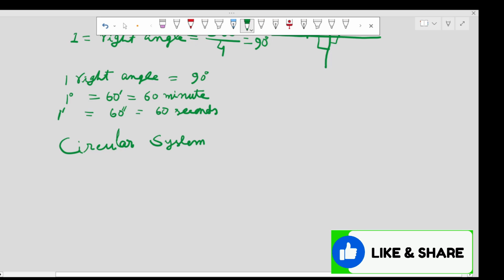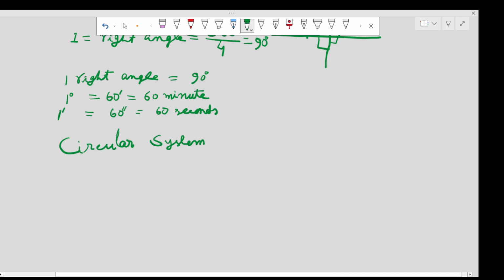First, define what is the circular system. Suppose this is a circle. This is its center.